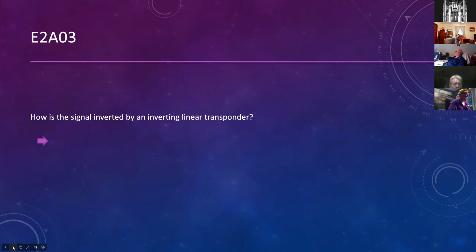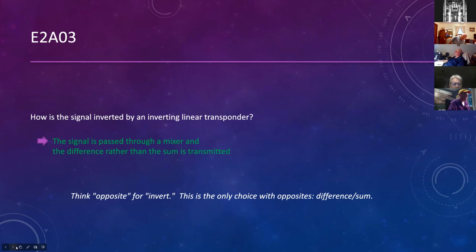How is the signal inverted by an inverting linear transponder? The signal is passed through a mixer, and the difference rather than the sum is transmitted. I think of this one because I associate inverted with opposite. And this is the only answer of the 4 where there's some kind of opposites involved, difference and sum.